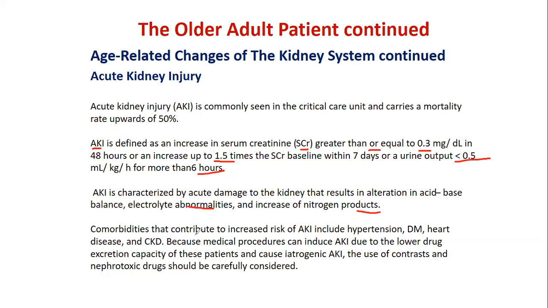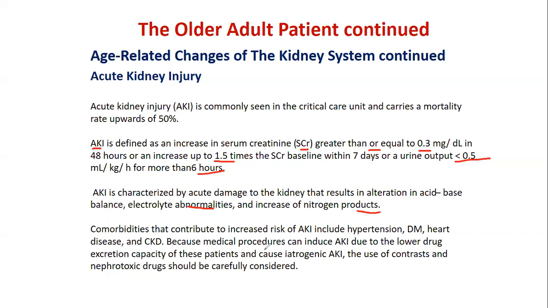Comorbidities that contribute to an increased risk of AKI include hypertension. So if a patient has hypertension, there is a chance to develop AKI rapidly. Also diabetes mellitus, heart disease, or CKD, chronic kidney disease.